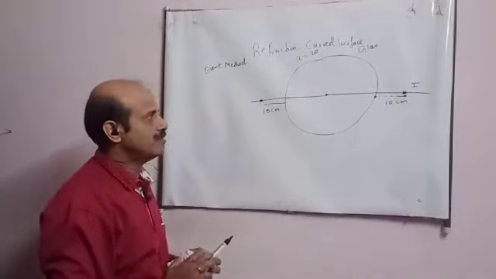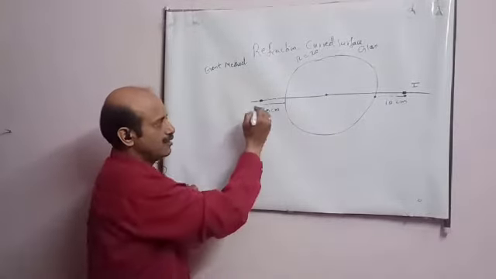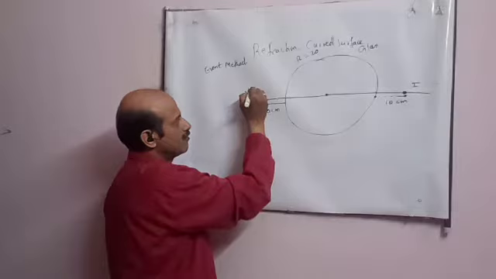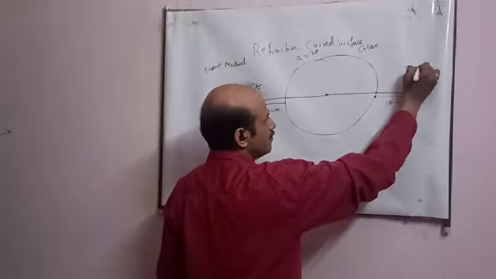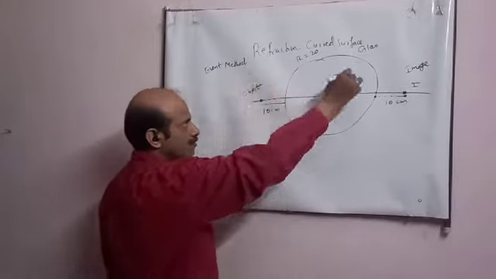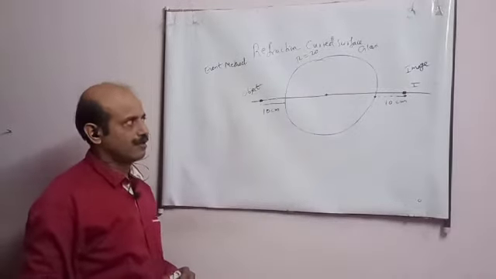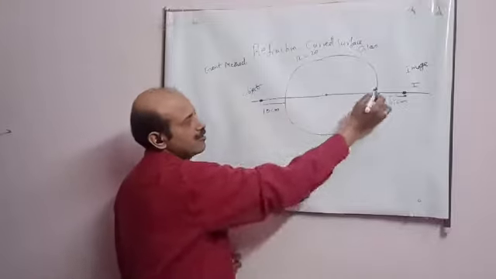It is a material. This is the case which is given, student. This is the object. This is the image. Means it is at 10, this is also at 10.